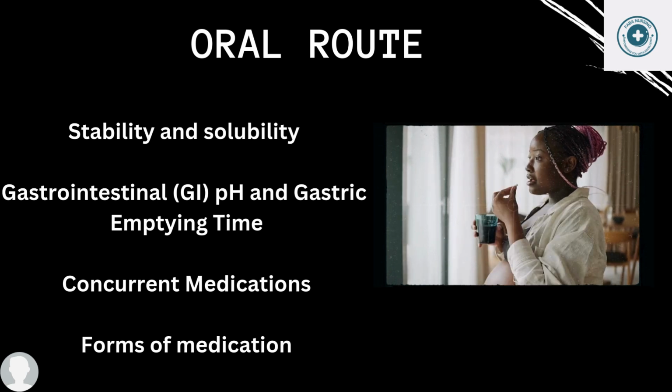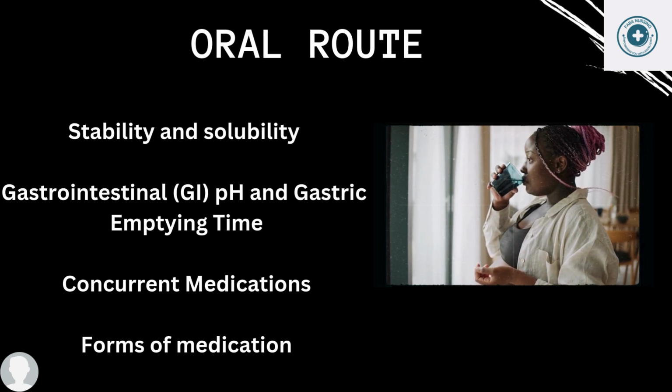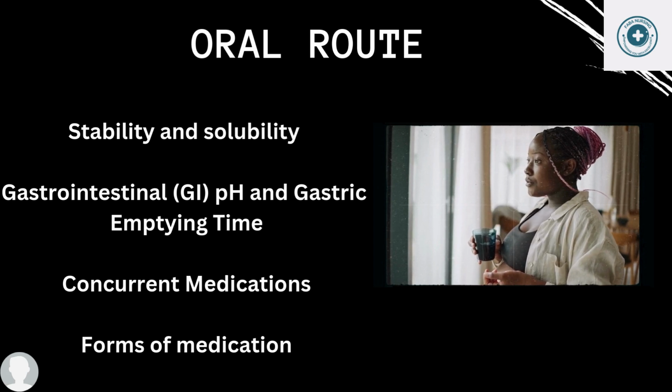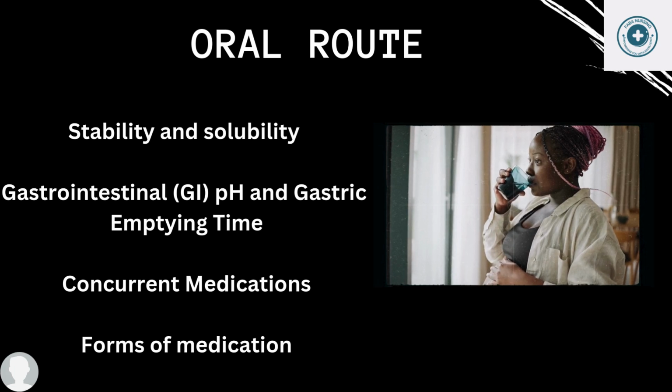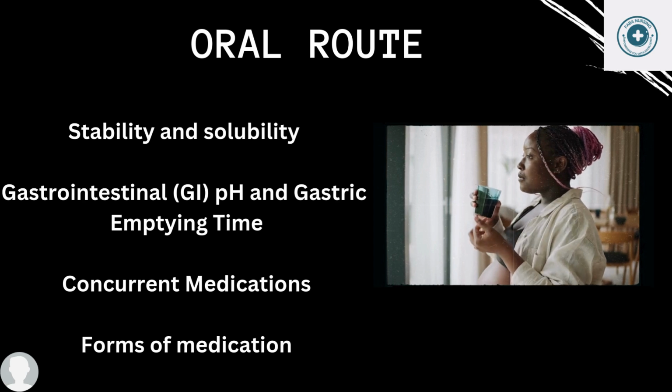Also, concurrent medications can affect the pattern of absorption for oral medications. The forms of medication can also affect absorption. Please note that these factors also act as barriers to absorption.